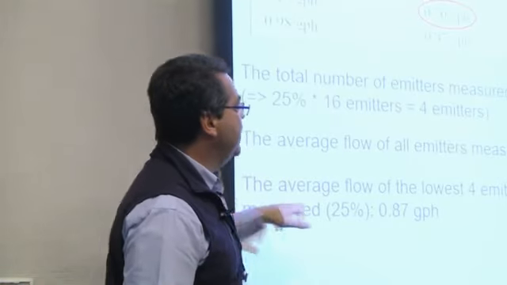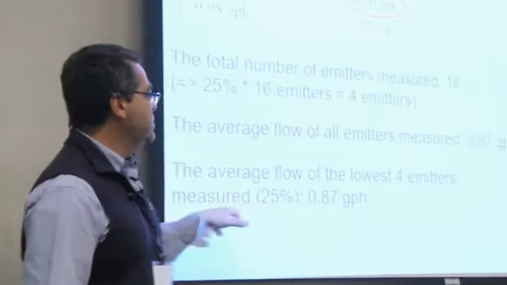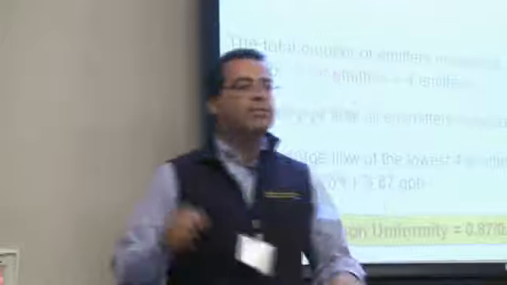The average flow rate of the lowest 4 emitters is 0.87, and we divide it by the total average flow rate, and we get a distribution uniformity, in that case 90%. That's pretty good. It means your plants are receiving a pretty similar amount of water and nutrient, because you do fertigation. This is an example of a report that you get from the irrigation system evaluation.